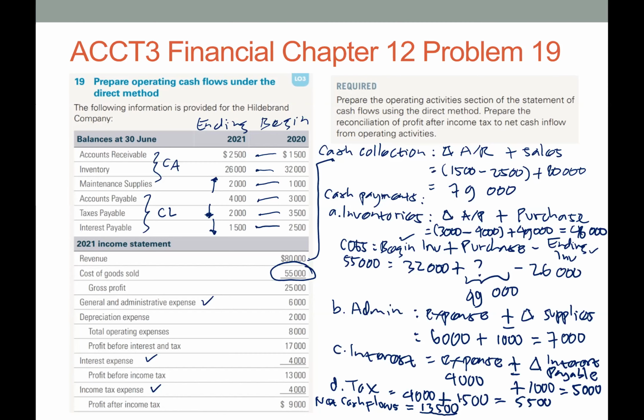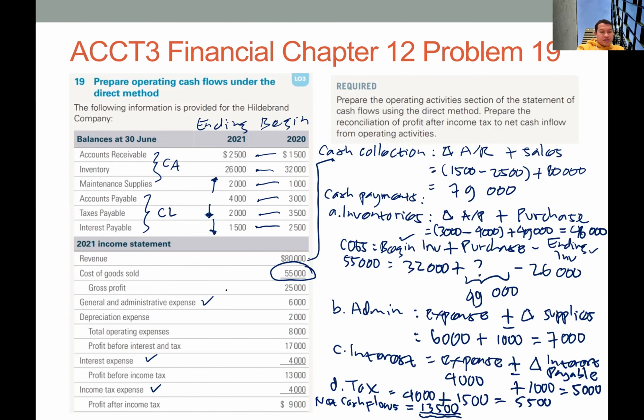Sorry, I've got a question. For the B side, I used the total operating expense instead of just the general admin expense. Yes, in identifying any payment for cash, we should be as specific as possible.